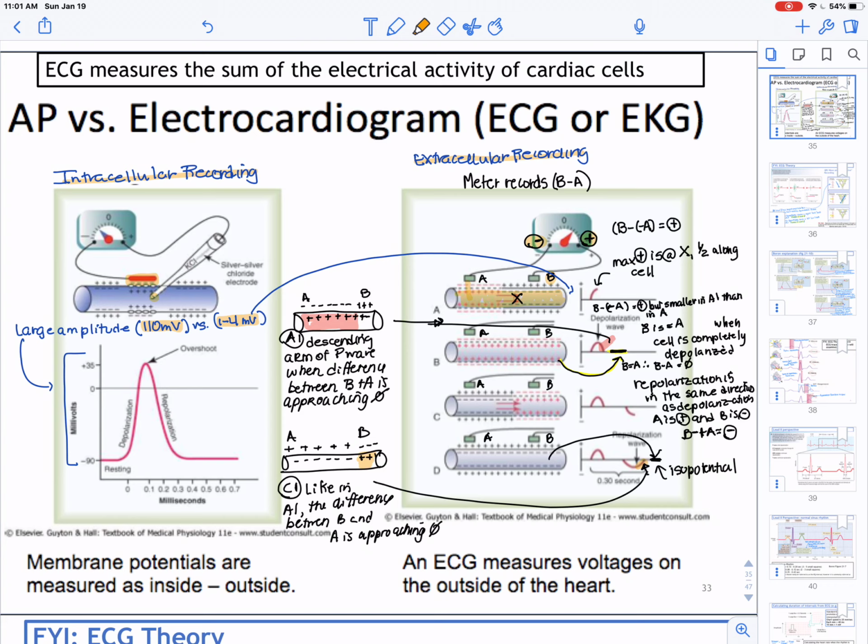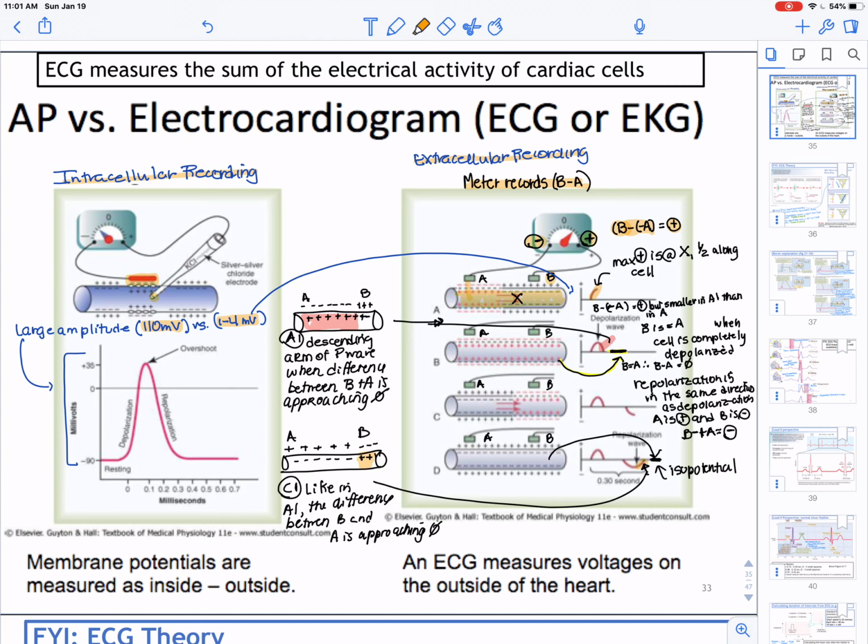And we are reading B minus A, and so at the position in the cell at time A, we see B minus negative A is going to equal a positive deflection read by these electrodes.